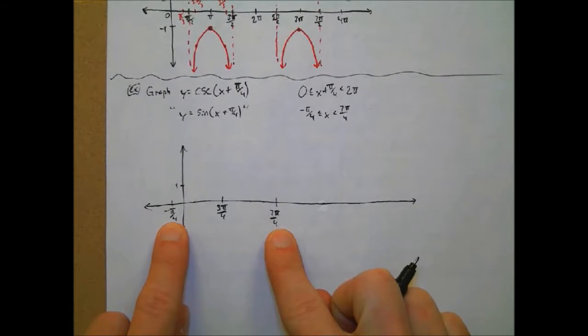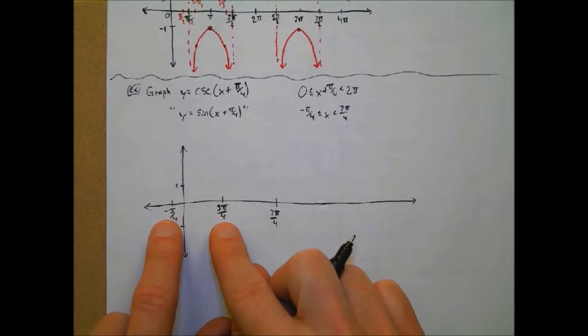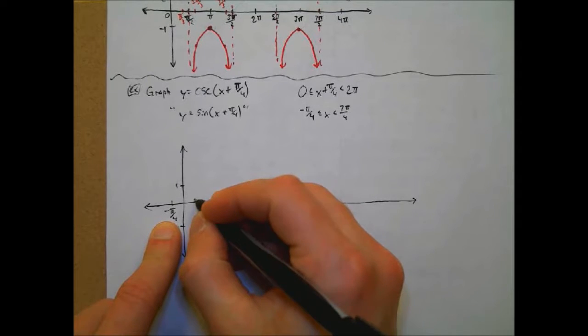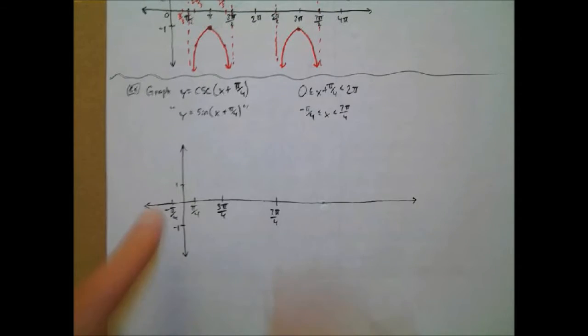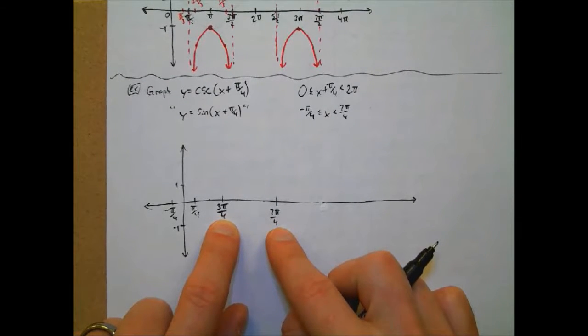Now we find the quarter points. Add these up: 2 pi over 4 simplifies to pi over 2, but when you divide by 2, it's pi over 4. So there's our quarter point. And then same thing here: 3 pi over 4 plus 7 pi over 4 is 10 pi over 4, which simplifies to 5 pi over 2. Divide by 2, that's 5 pi over 4.